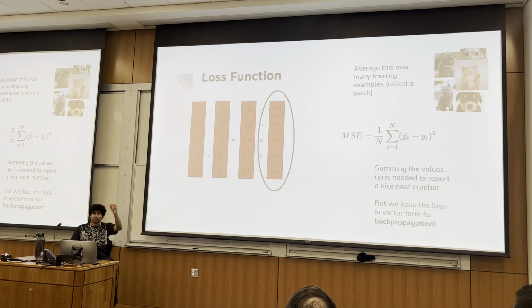And you want that number to go down each time you update the network's weights so that you can tell that it's getting better and better, right? Also, in the previous slide, you saw I summed it up, but usually the computer won't do that in the background because you need to keep them separate to actually do backpropagation properly, which is what I'm going to go over now.